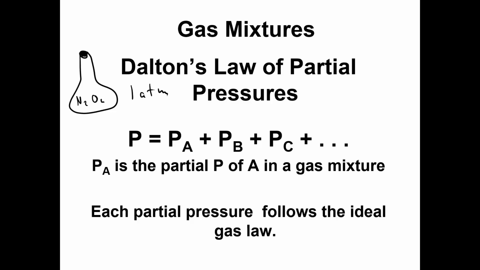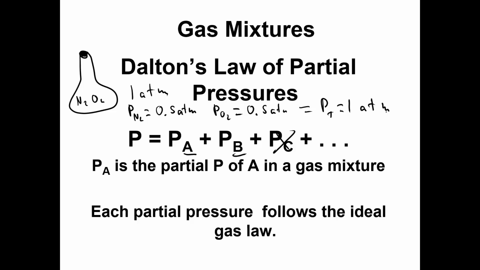If you have exactly a 50-50 mixture, then the partial pressure of nitrogen is equal to 0.5 ATM, and the partial pressure of oxygen is equal to 0.5 ATM, right? If A was N2 and B was O2 and we didn't have C, then 0.5 plus 0.5 equals the total pressure here, which is 1 ATM.